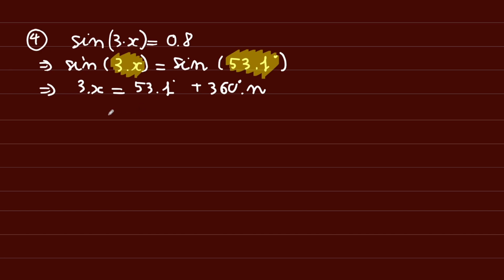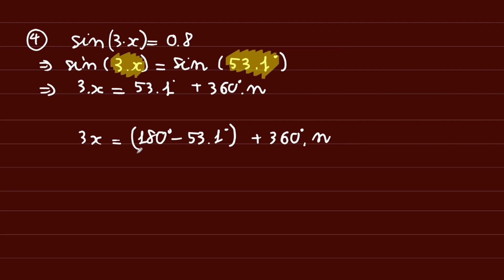And of course, for the same thing, you got 3x equal to 180 degrees minus 53.1 degrees, plus 360 degrees multiplied by n. Yeah, the supplementary relationship for the second case. And we have the two general solutions in this one, but we need to figure out the general solution for only x.